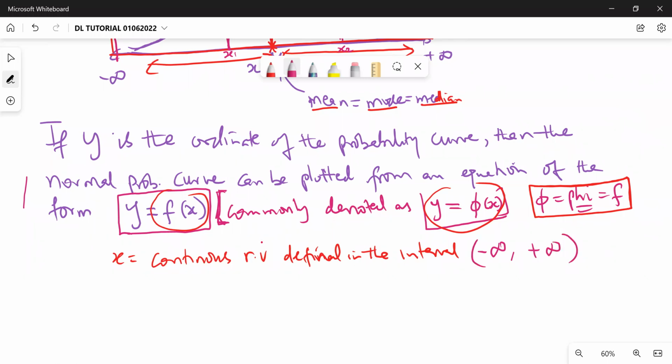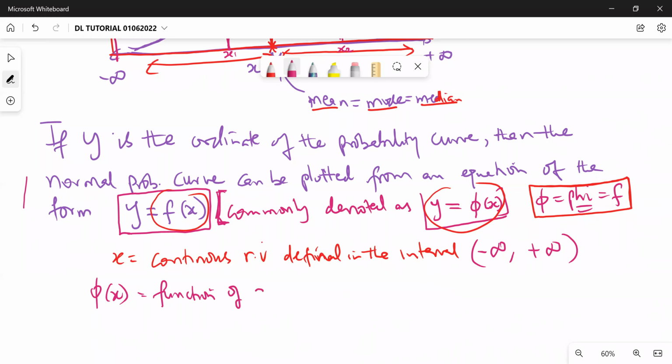So x is a variable defined within that interval, meaning that it can take any value within it: whole numbers, decimals, positive numbers, zero, and so on and so forth. Then phi of x, or f of x, is a function of x.